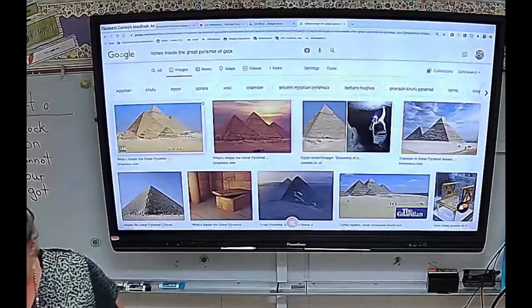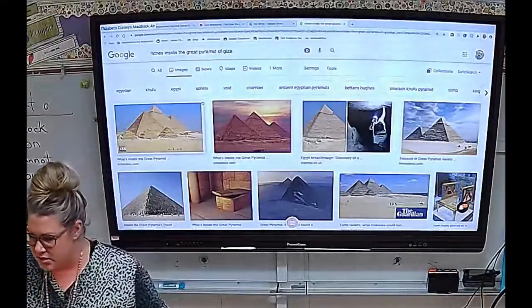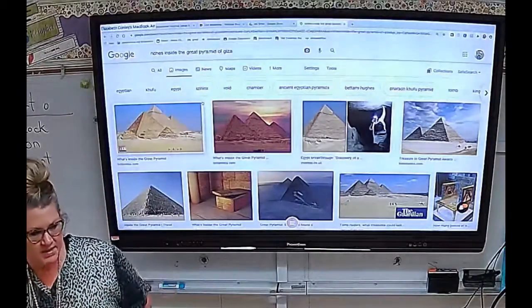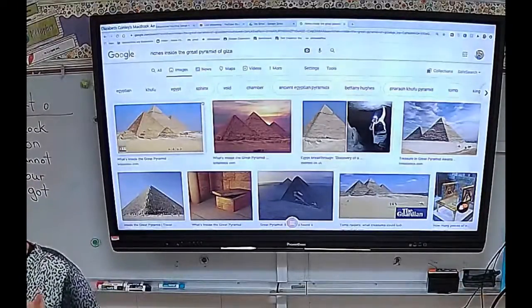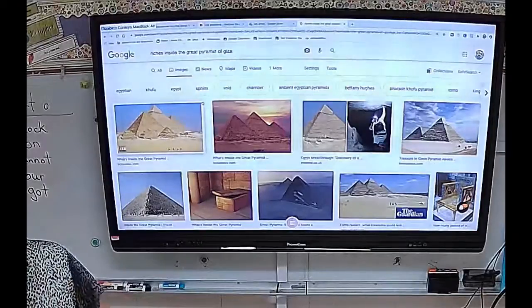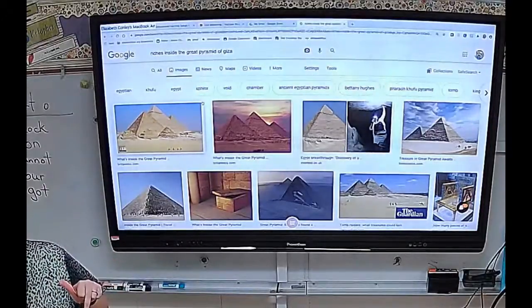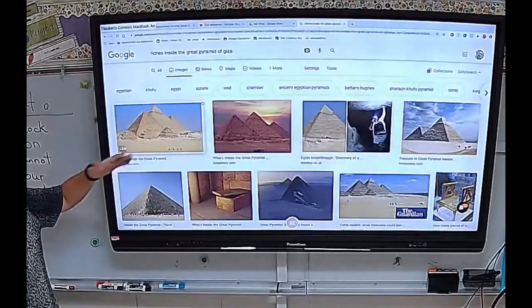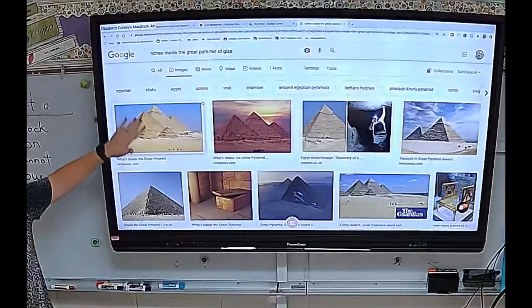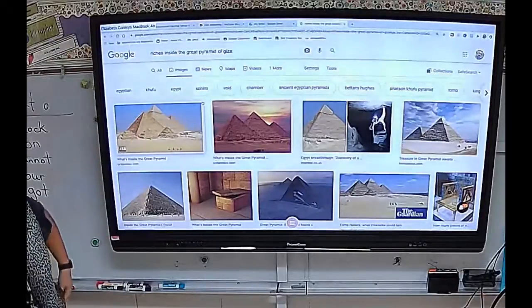When he goes in there, there are all these jewels and riches. All of these kings and queens thought that they needed to take all of their earthly possessions and all their jewels and riches with them into the afterlife. Okay? So, these structures, as Miss Terry was saying, look how awesomely wonderful they were built.